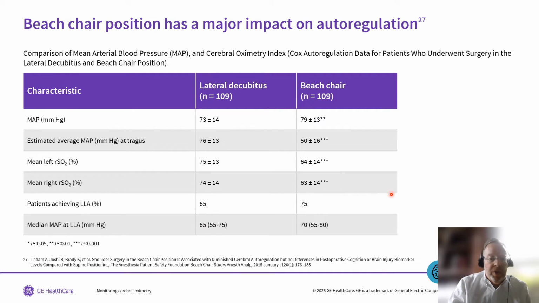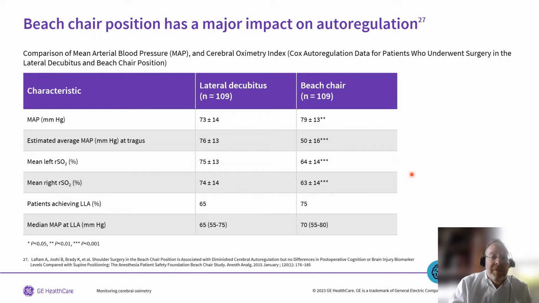Here's the results of their study. You can see here there's two different groups, 109 in the beach chair position and 109 in the lateral decubitus position. So compared to patients in the lateral decubitus position, beach chair position patients had a higher mean arterial pressure and had diminished autoregulation and a lower RSO2 and a lower mean arterial pressure.